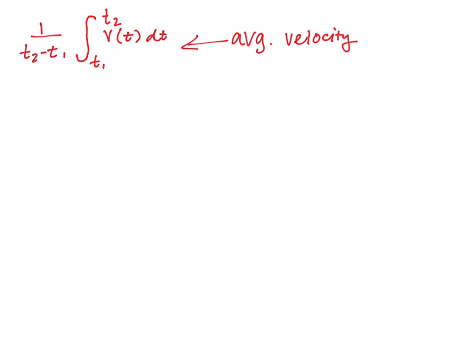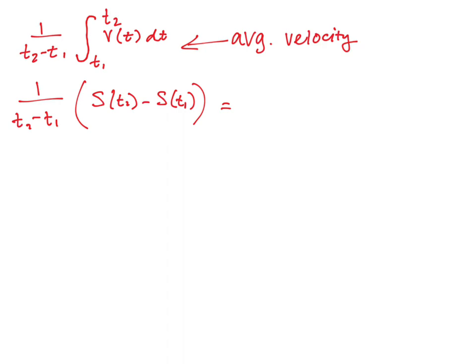When I integrate velocity, what do I end up with? Position. So this is going to be 1 over t2 minus t1, and let's use the fundamental theorem of calculus here. If I integrate this velocity, I end up with s of t2 minus s of t1, right? Those are the antiderivatives of velocity, which would be position.